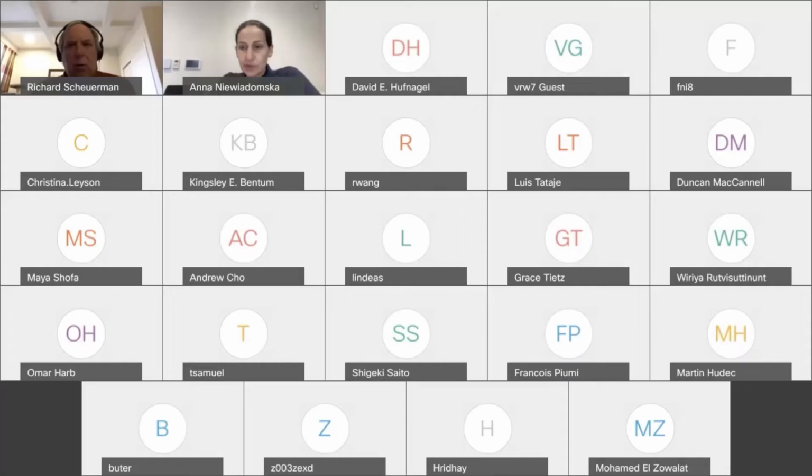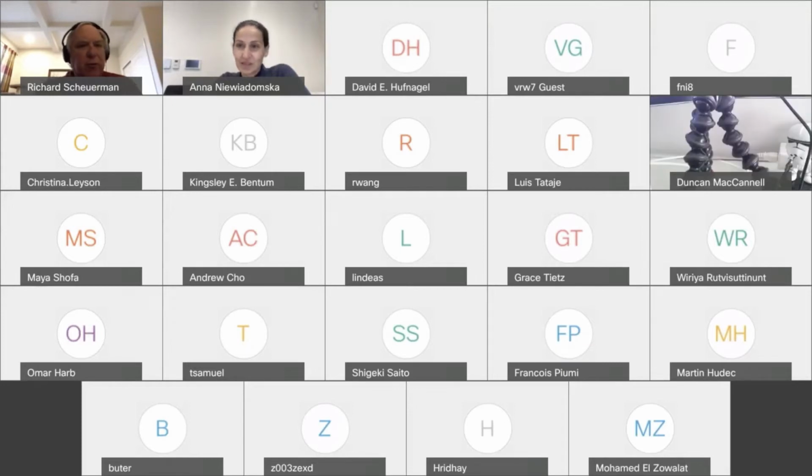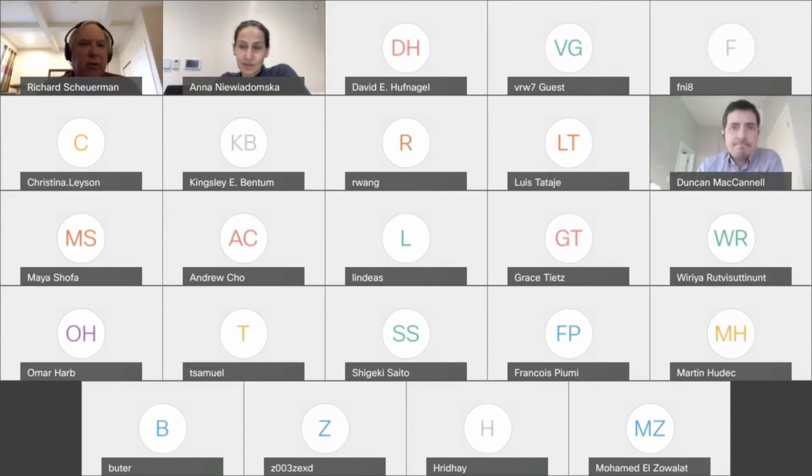Okay, so I don't see any more questions. If you'd like to go ahead and introduce Duncan, I can make him a presenter in the meantime. Okay, yeah. I see that Duncan is on the call, so it's a real pleasure for me to introduce Duncan McCannell, who is at the CDC in the Division of Advanced Molecular Detection in the United States.